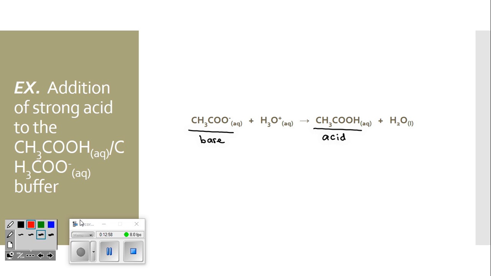If I add a small amount of hydronium, it can donate a proton to that base. And what's left? The hydronium is neutralized to water.